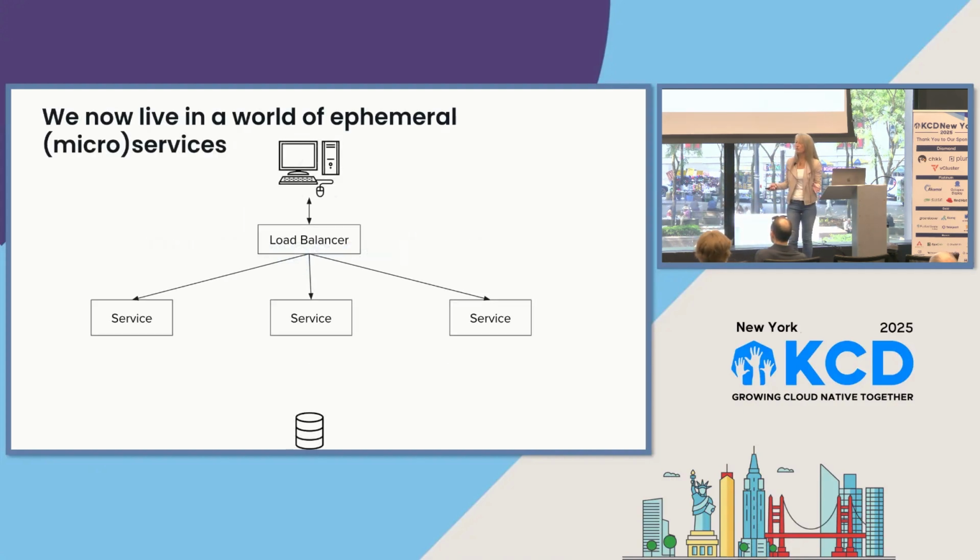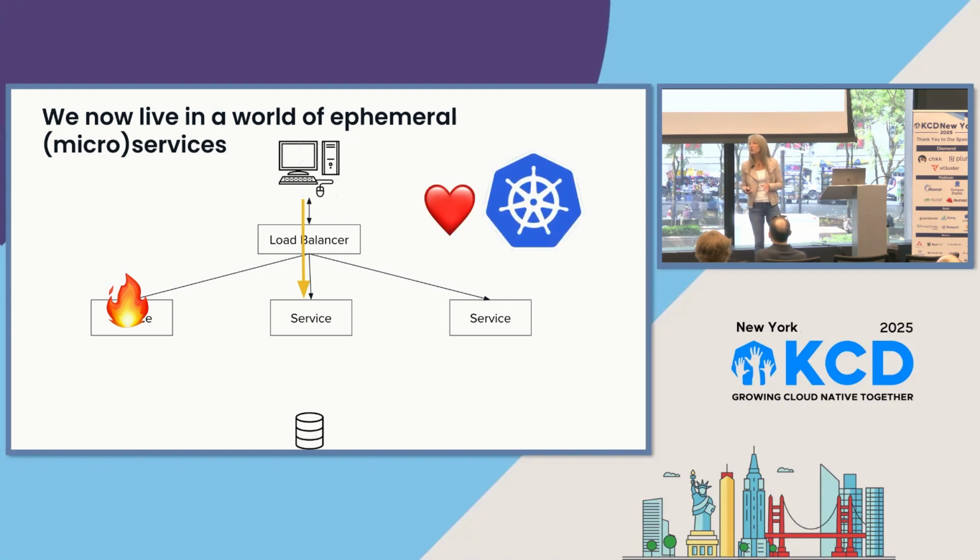But things evolved. We're here at Kubernetes Community Days. We now have architectures that look like this. We're serving traffic to one server. That service goes kapooey, and no problem, we will just go to the next service. And we love Kubernetes, because I worked on Cloud Foundry for a while, which was kind of the precursor of Kubernetes.